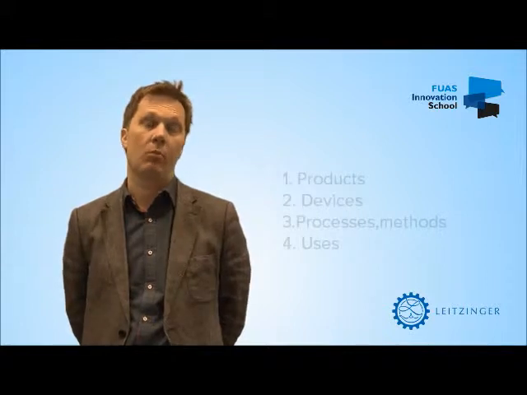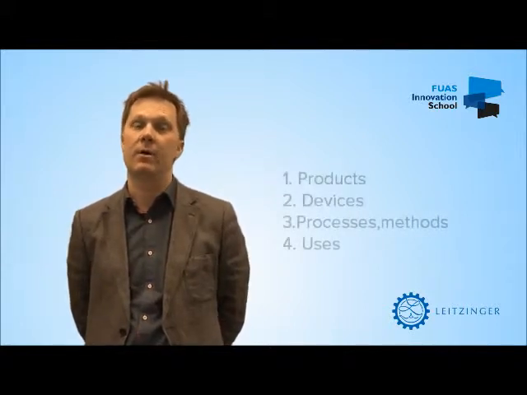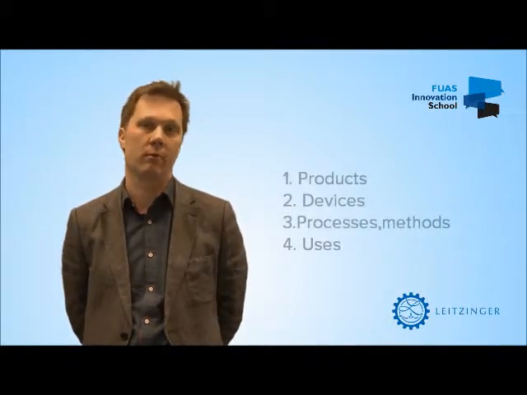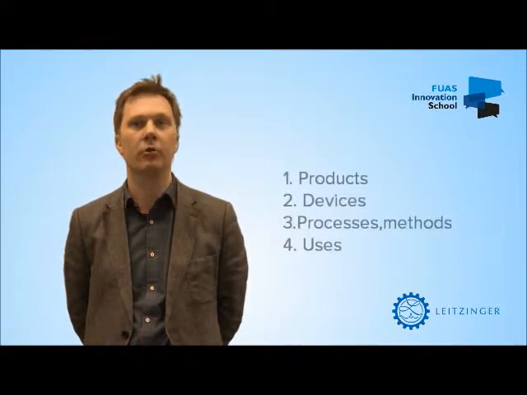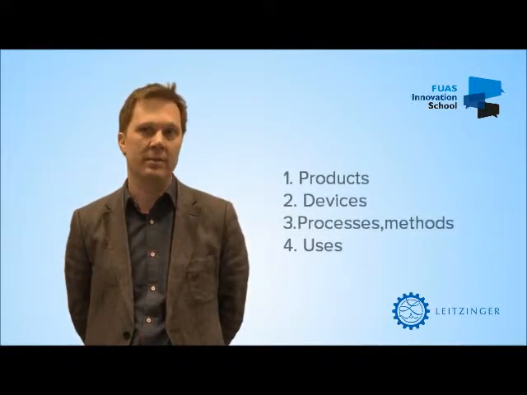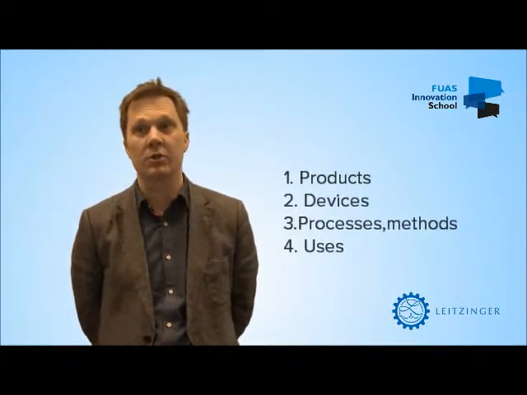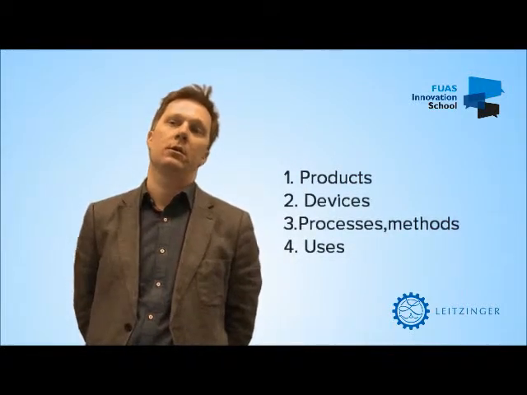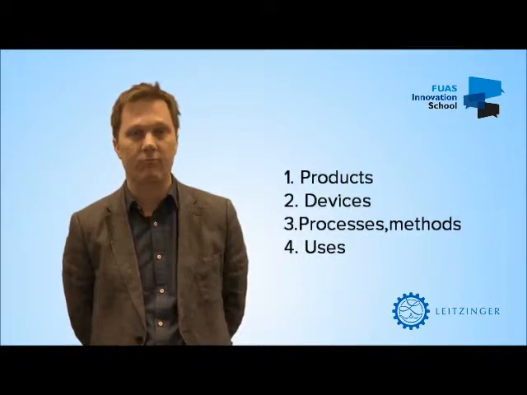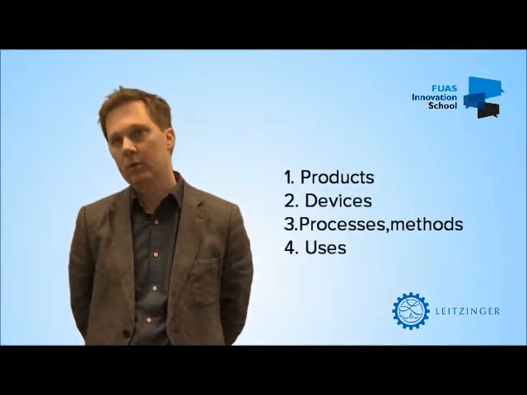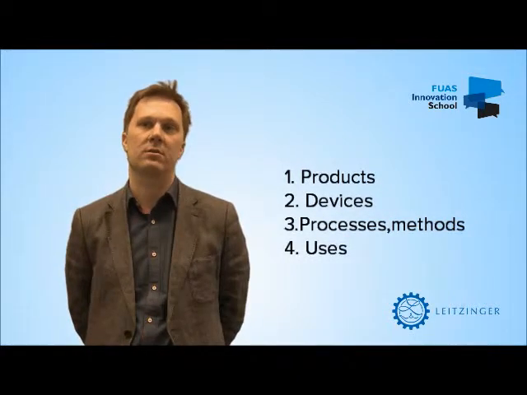Now, let's take a closer look at what kind of inventions are patentable. First of all, we have a group called products, where we have examples such as pharmaceuticals, materials, and so forth. The second group are the devices. Devices are, for example, paper-making machines, fuel cells, etc. Then we have a third group, which is processes and methods.